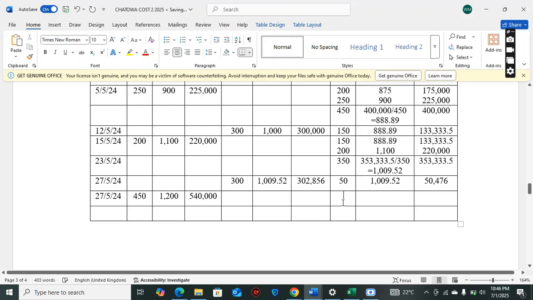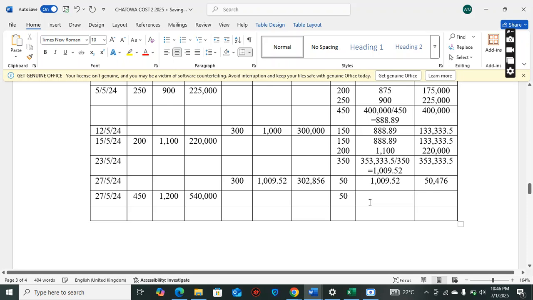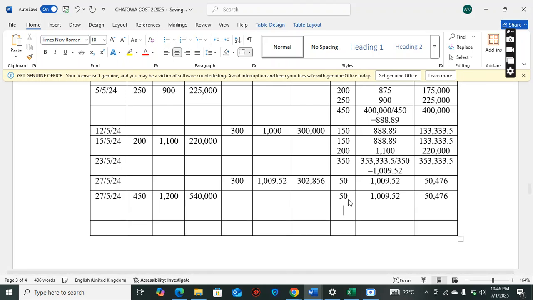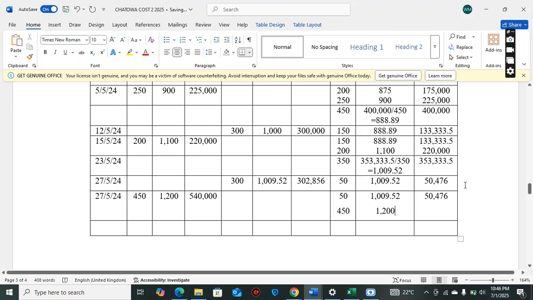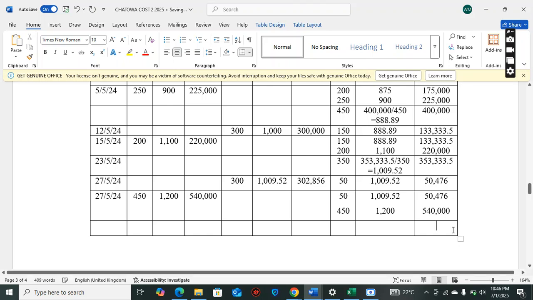Okay. So here we had 50 solar panels valued at 1,009.52. It's 50,476. We brought in 450 solar panels, leaving 1,200. That's 540,000. Okay, so 540,000 plus 50,476. What do we get?